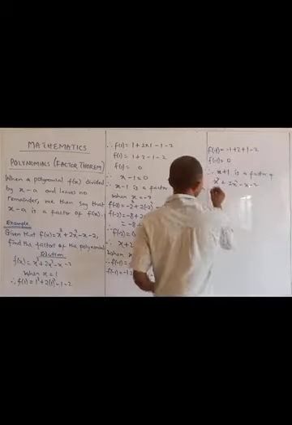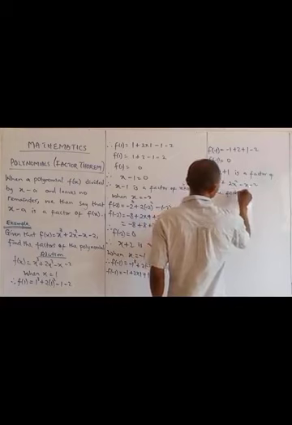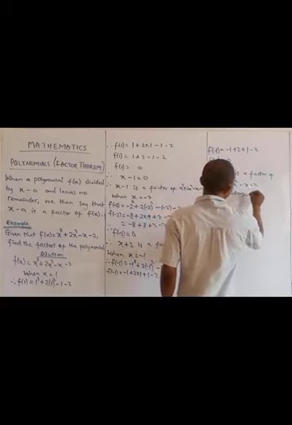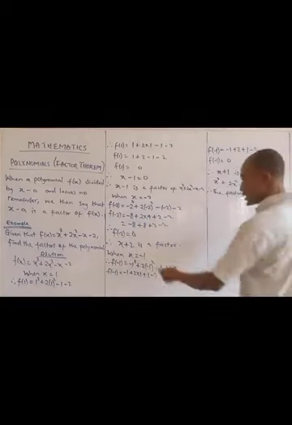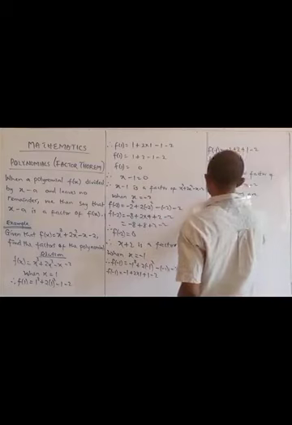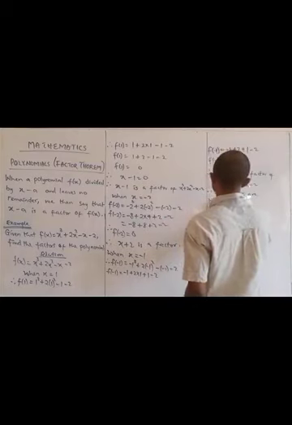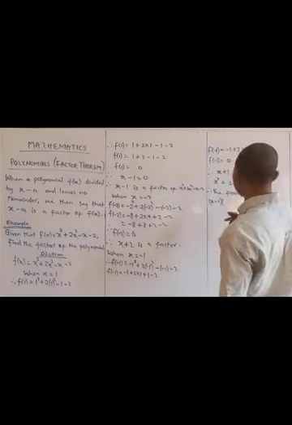So therefore, the factors of this polynomial are, the first answer we got, and that was x minus 1 in brackets. The second one, what was the second one?